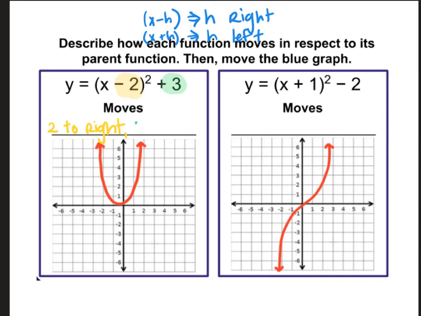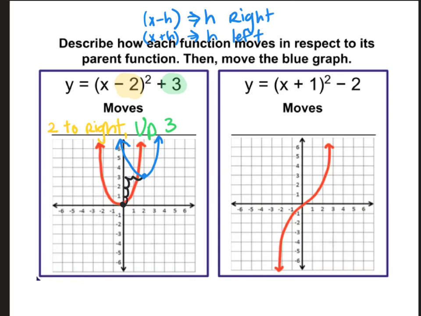So since it's positive, it's going to move up 3. Remember, when you're moving your graph, you're essentially moving this center point that's here on 0, 0. So that point needs to go up 3, 1, 2, 3, and then 2 to the right, 1, 2, and that's where your new center for your graph is going to be. So it'll look like that.